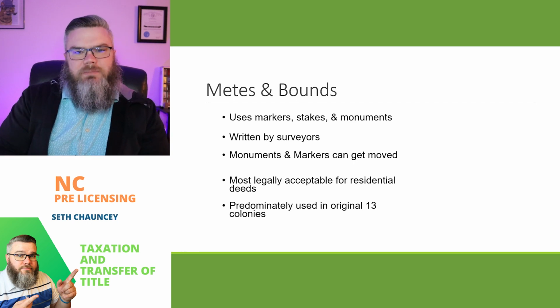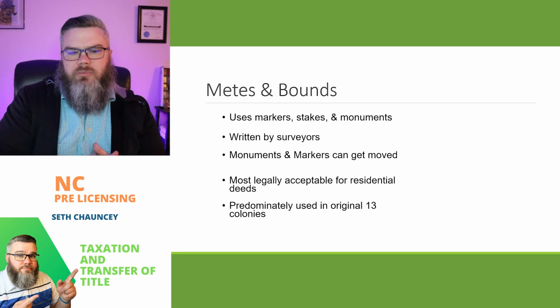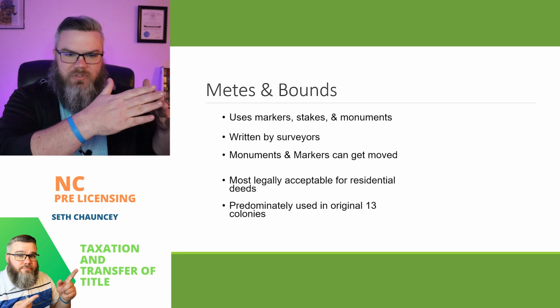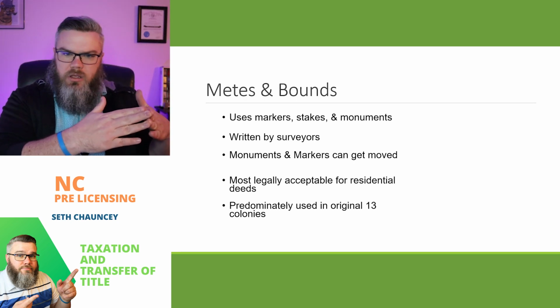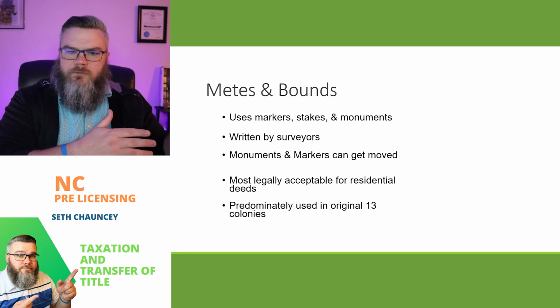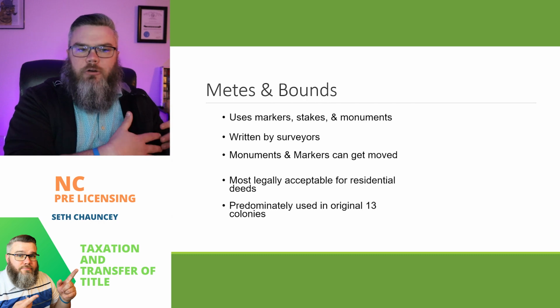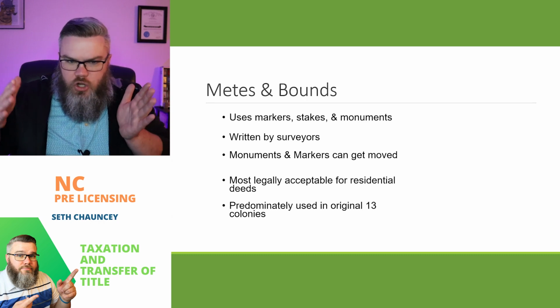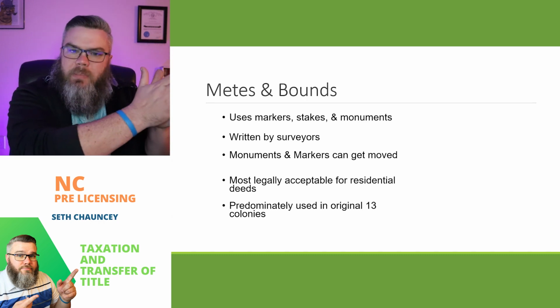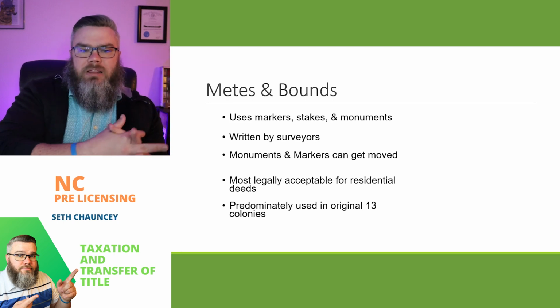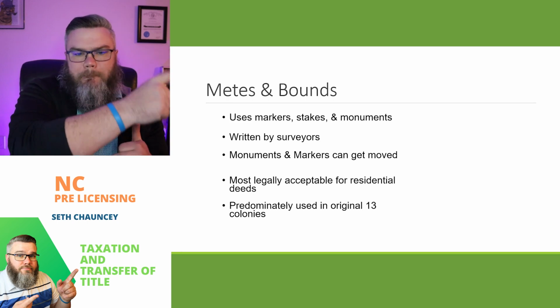Meets is the distance, bounds is the direction. So it would be something like, starting at the corner of this street and this street, thence go 143 feet southwest, 116 degrees. That would be a call. You would go that direction and stop at that point, and that's typically referred to as a monument.